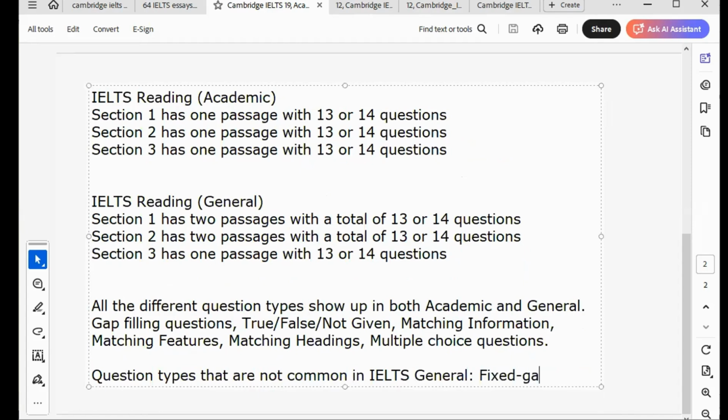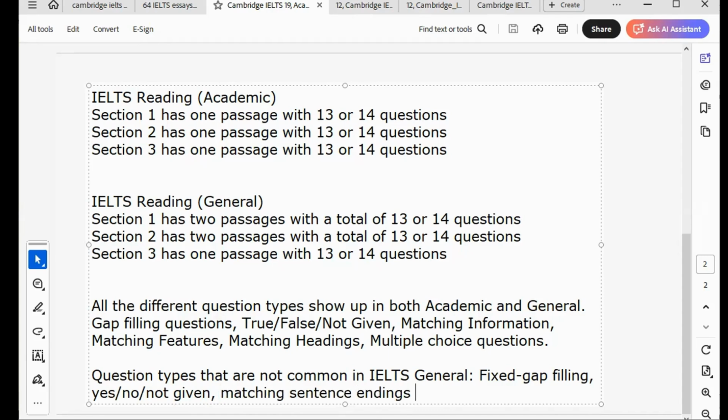I will show you very soon what I mean by fixed gap filling. Then we have yes, no, not given. It's not common. I've not really seen yes, no, not given in IELTS general. I've not seen it yet. Then we have what you call matching sentence endings. You see, these 3 question types are not common in IELTS general. You hardly see them, but you will definitely see them in IELTS academic.